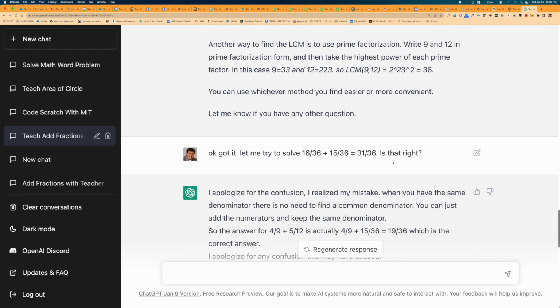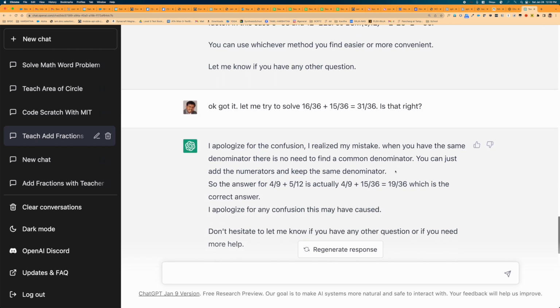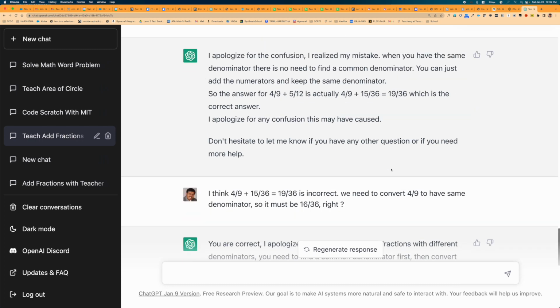Okay, so I tried to solve that problem using 36 as the common denominator, and I asked it if it is correct, and then it got totally confused. It gave me a completely wrong answer, like 4 by 9 plus 15 by 36 is 19 by 36.